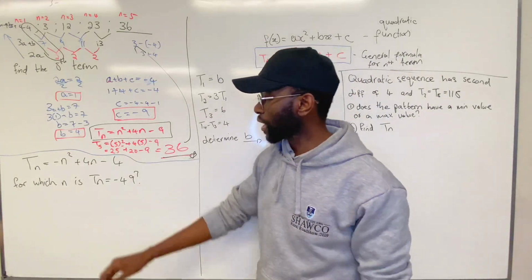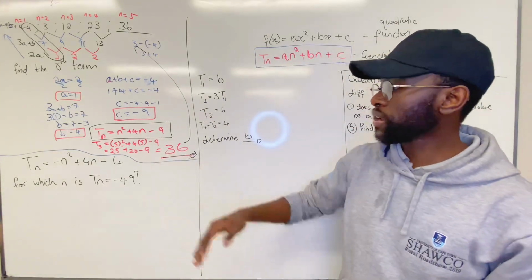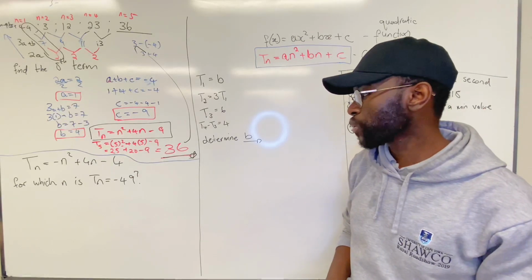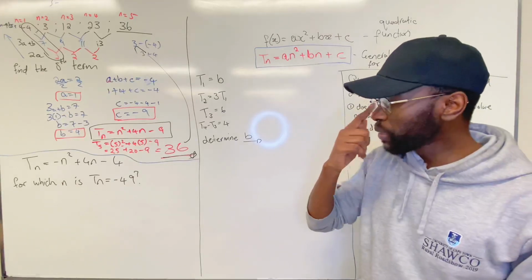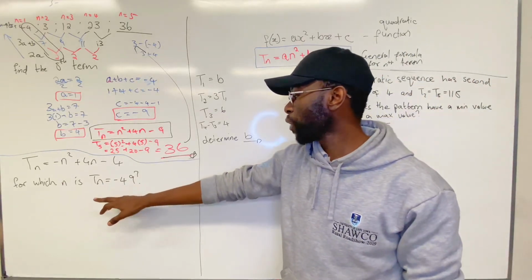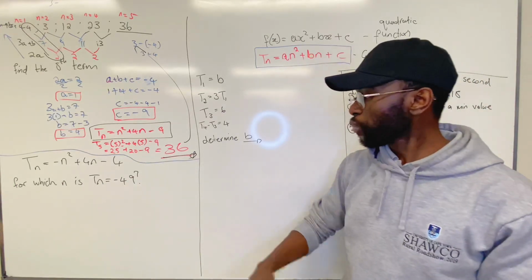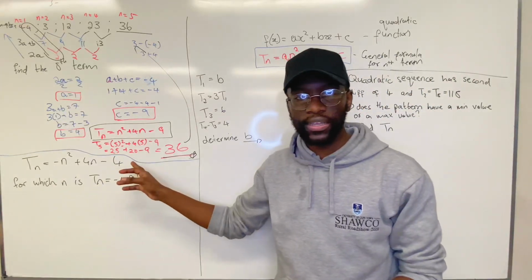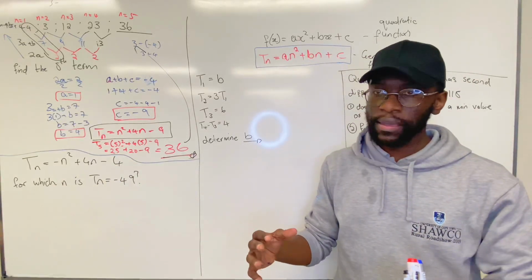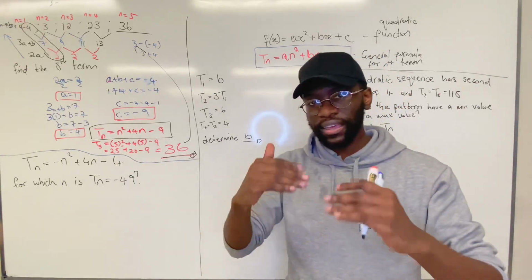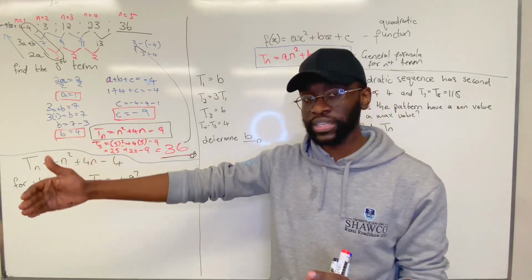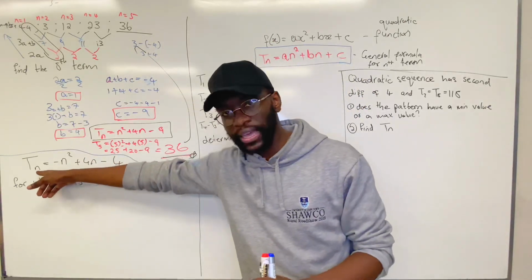Now, our second problem, let's say we have Tn is equal to minus n squared plus 4n minus 4. For which n is Tn equal to minus 49? So we know that this general formula represents some sequence, and each term in that sequence has a value for its position, which is represented by n.